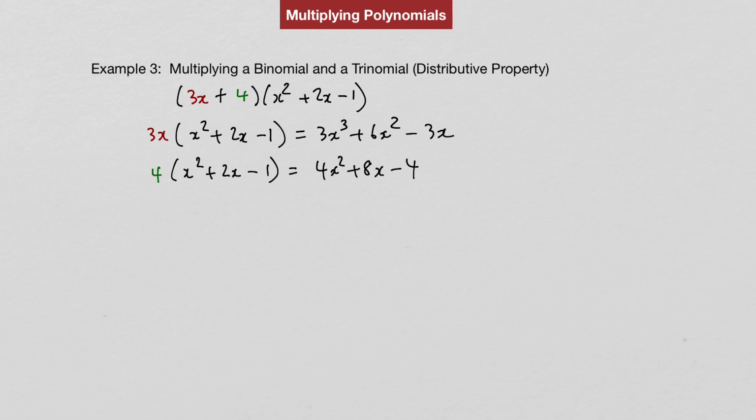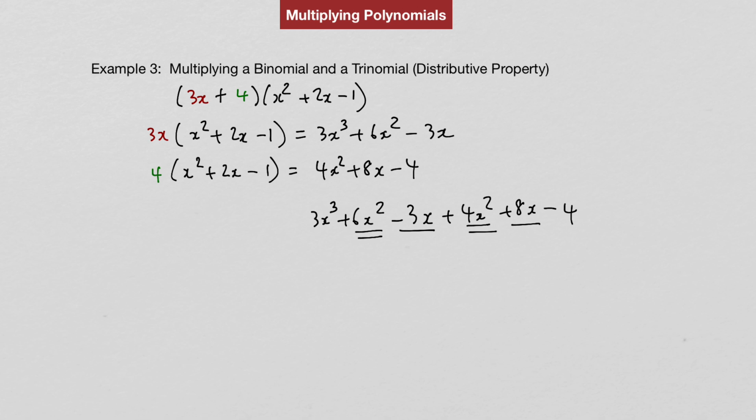Then we combine all of these, and we would get 3x cubed plus 6x squared minus 3x plus 4x squared plus 8x minus 4. Now we combine like terms. Both of these monomials have a degree of 2, and those two monomials have a degree of 1.